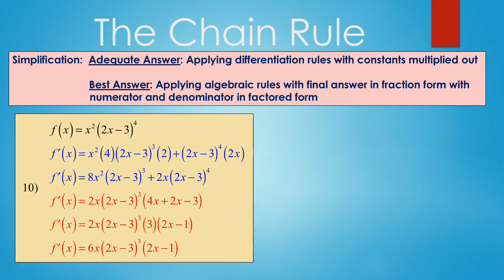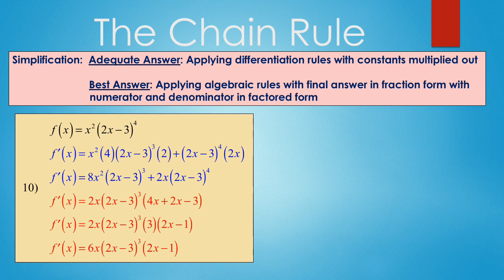In problem number 10, we're told that f of x equals x squared times 2x minus 3, quantity to the 4th power. We established this as a product rule. So we have x squared, the 4 comes in front, we write the expression down to the 3rd power and then use the chain rule and multiply it by 2.